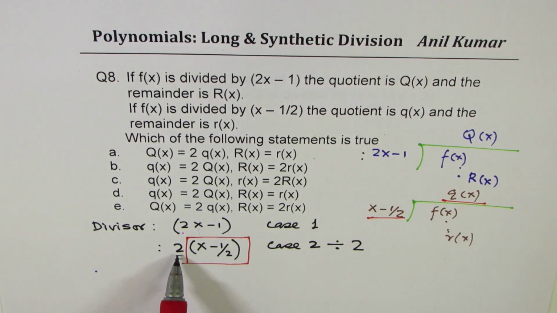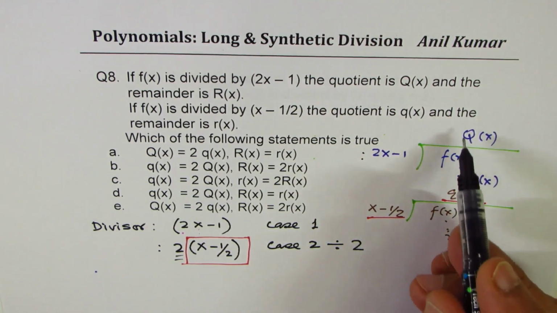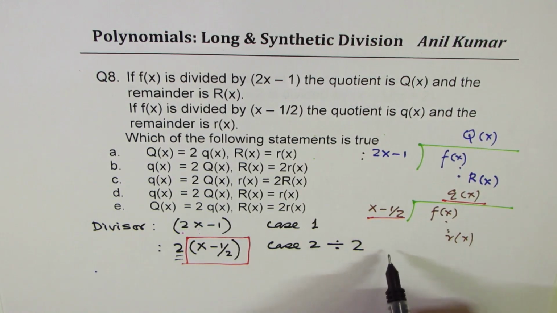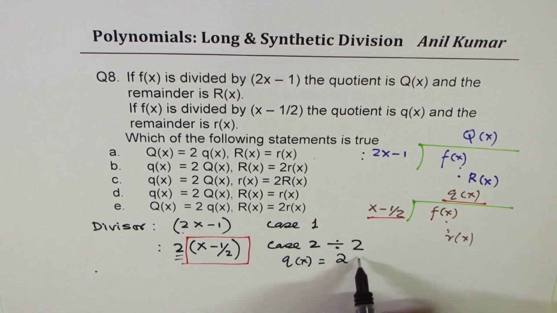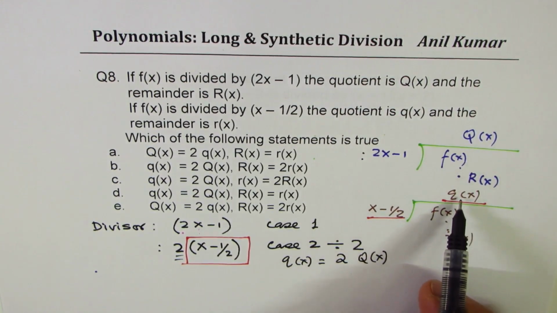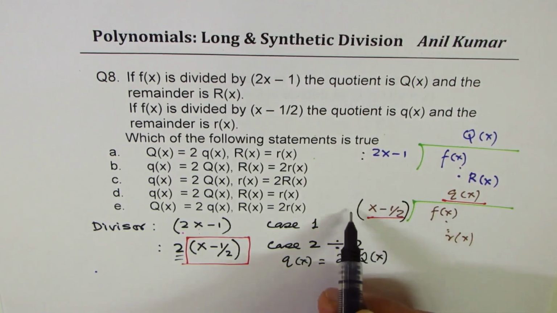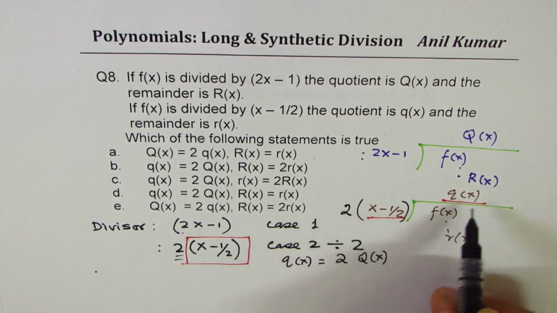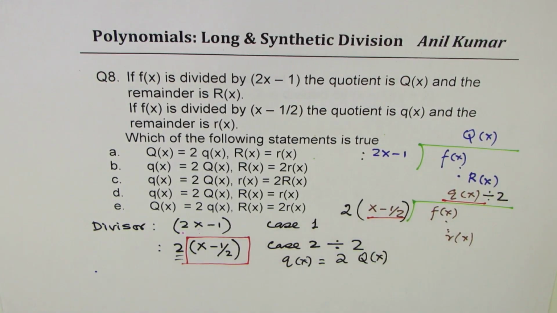But we did not divide by 2. So that is how they're different. Do you understand? So this quotient is twice capital Q of x, and so we will see that q of x is actually 2 times capital Q of x. To get the net result, we should divide this by 2. Perfect? So if I have to do times 2 here, that means that should be divided by 2, is it? Because the divisor, do you understand?